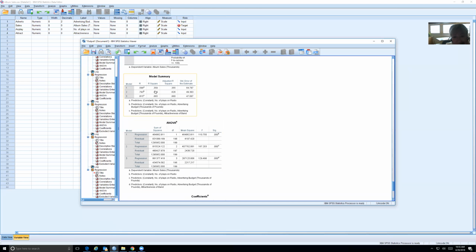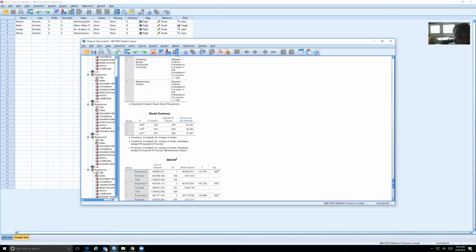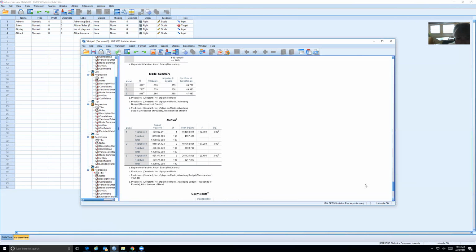We can also look, I like this model summary. Sorry, we'll skip back up. Model number 1 was the model with only plays on the radio. The R squared for that was 0.35. That means 36% of the variation in album sales comes from the number of plays on the radio. But when we add our advertising budget on top of that, now 63% of the variation can be accounted for by plays on the radio and our advertising budget.